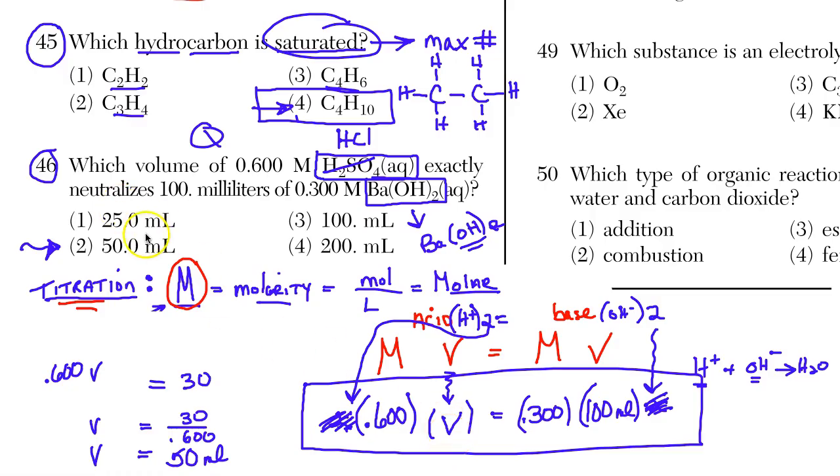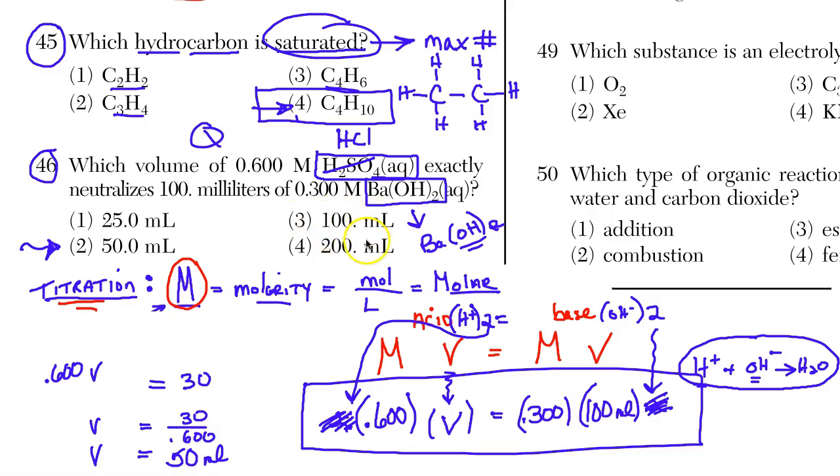We calculated 50 milliliters of H2SO4 is needed to completely neutralize the base. Again, neutralizing the base means all the H pluses are matching up with the hydroxides to make water. If our acid only gives off one H for the 2 hydroxides, wouldn't we need twice as much HCl? So the answer would have been 100 milliliters if our acid was HCl.